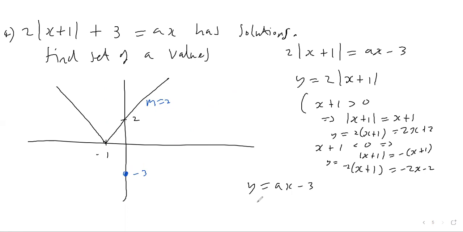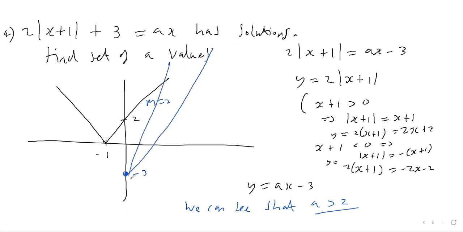But what if a is a little bit bigger than 2? Well, if a is a little bit bigger than 2, eventually there's going to be an intersection point somewhere up there. So what we know then is that a must be greater than 2, because if a is greater than 2, then we're eventually going to intersect, and the bigger the a value, the steeper the line.